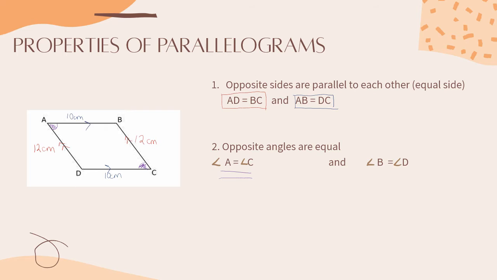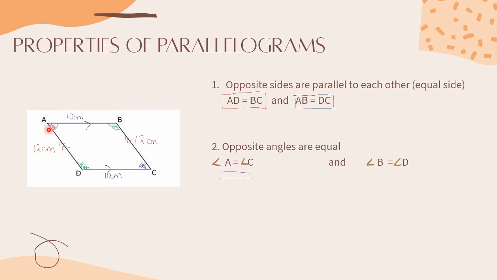Same goes to angle B and angle D. Angle B is right here. If angle B equals 110, then angle D also equals 110.